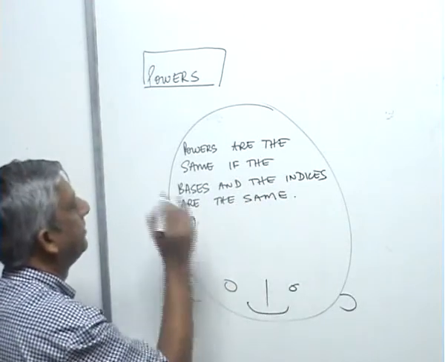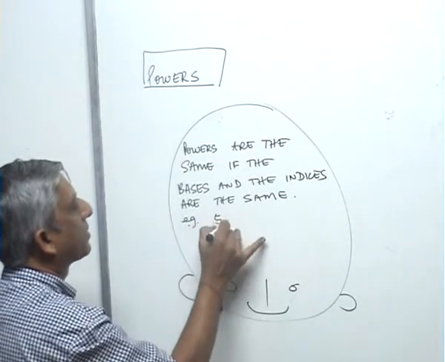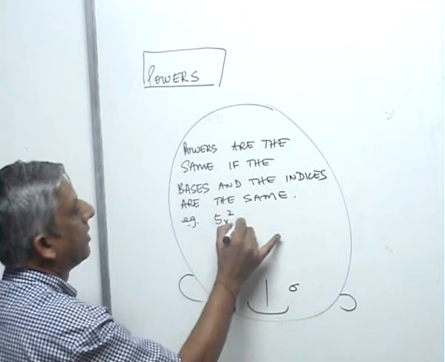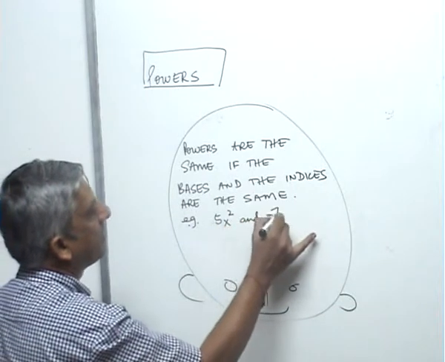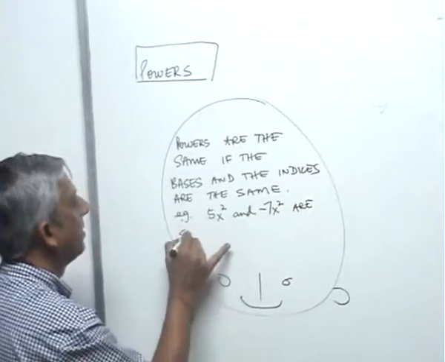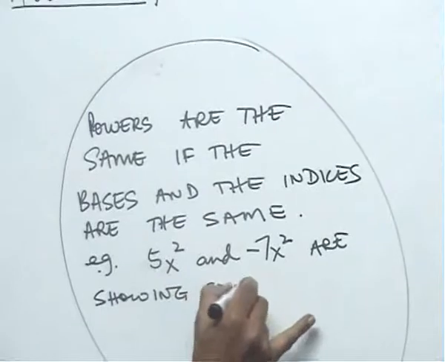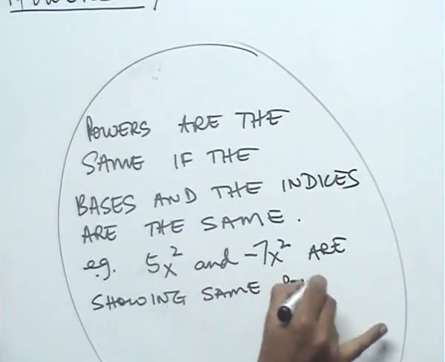For example, 5x squared and minus 7x squared are showing same powers.